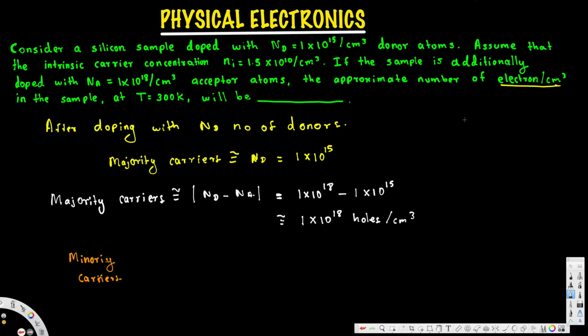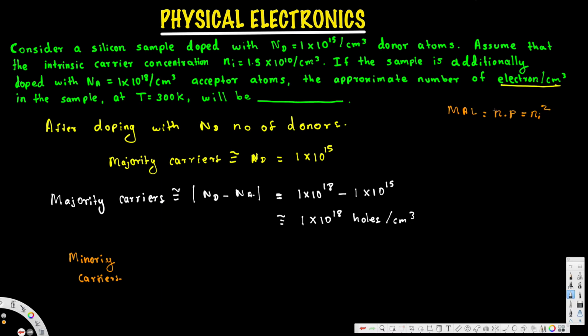Okay, mass-action law. Let's go ahead and create the equation. The mass-action law says that the number of electrons times the number of holes should be equal to the intrinsic carrier concentration squared.